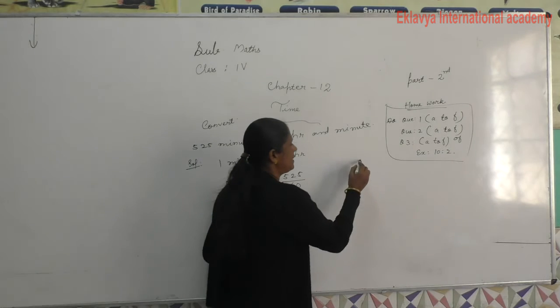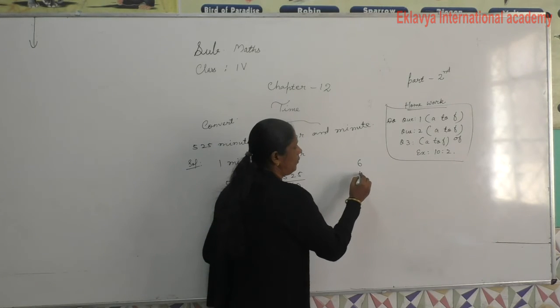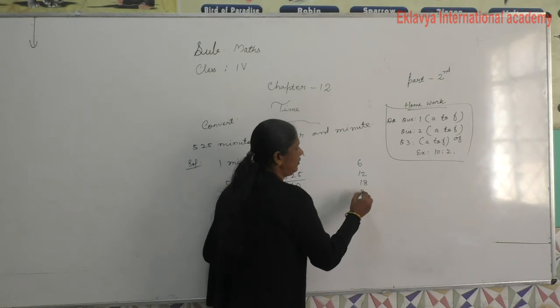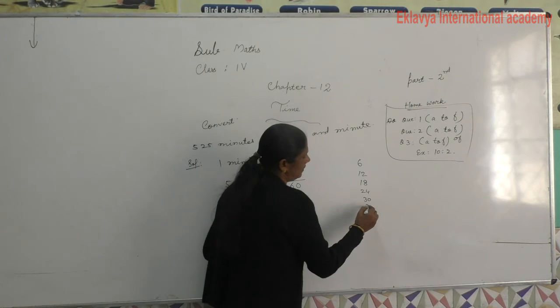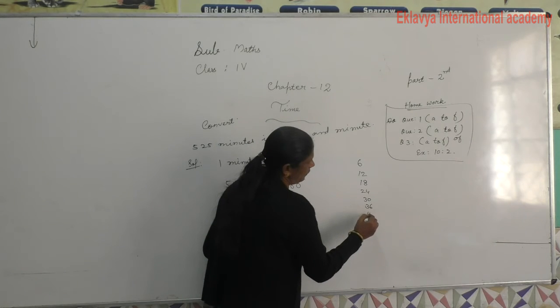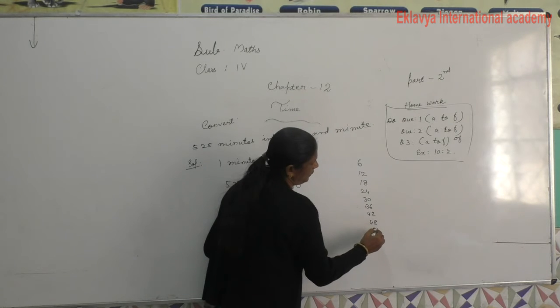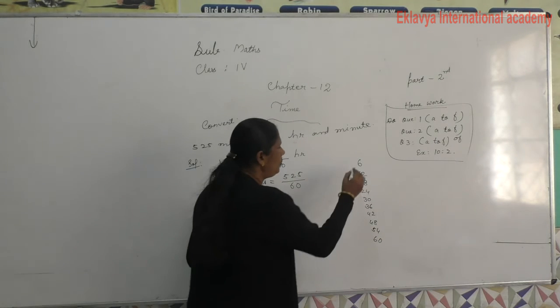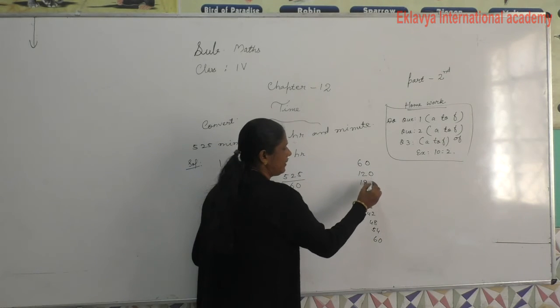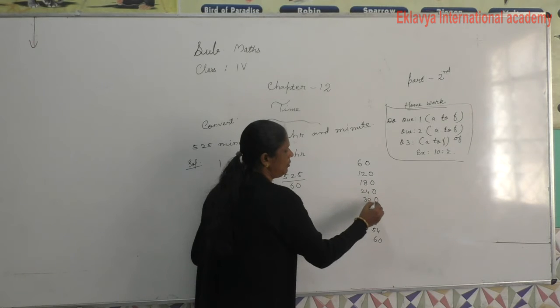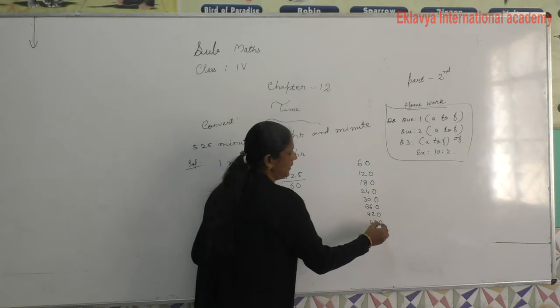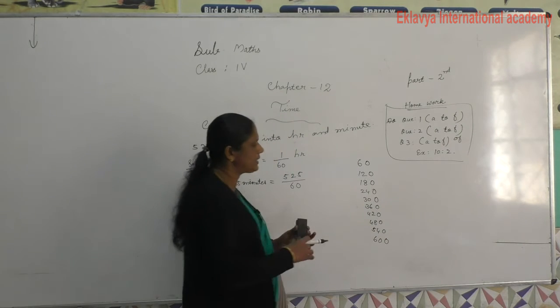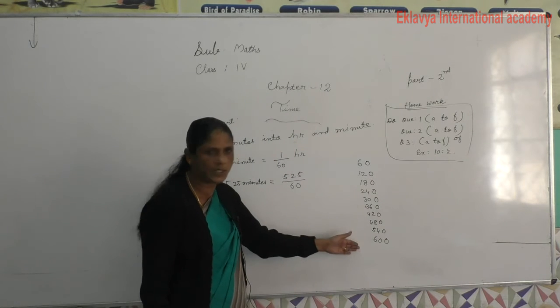Write 6, 12, 18, 24, 30, 36, 42, 48, 54, then 60. You write this way, then put 0 here. This way you make the table of 60.